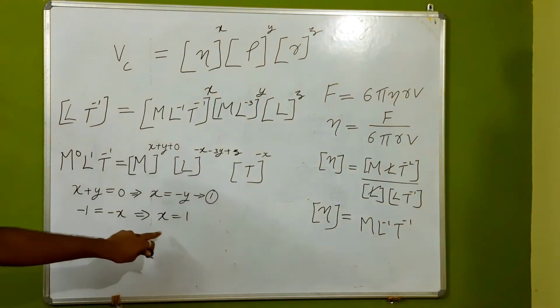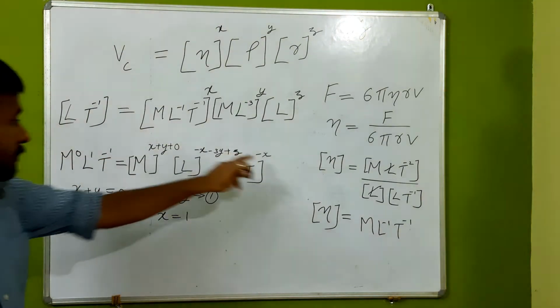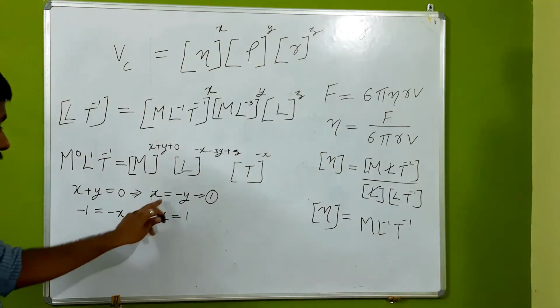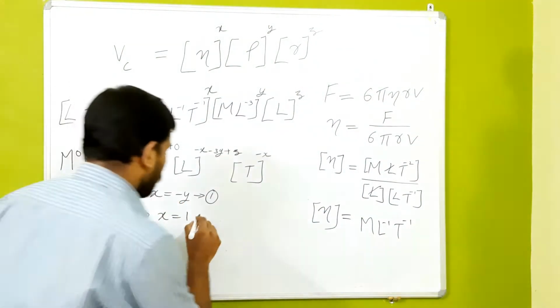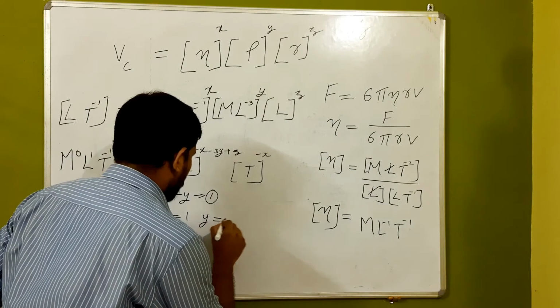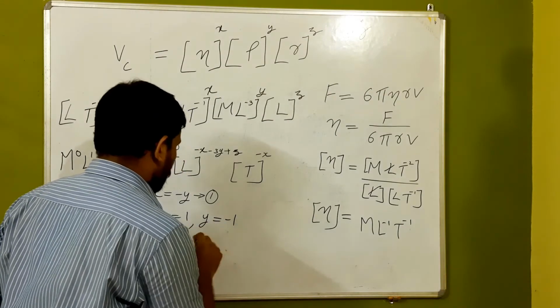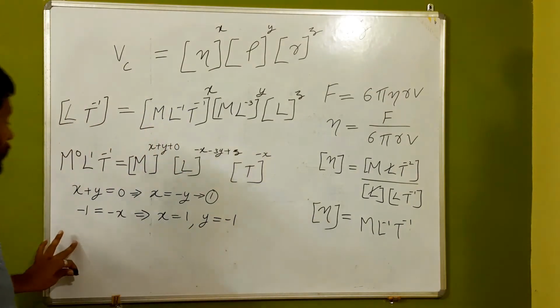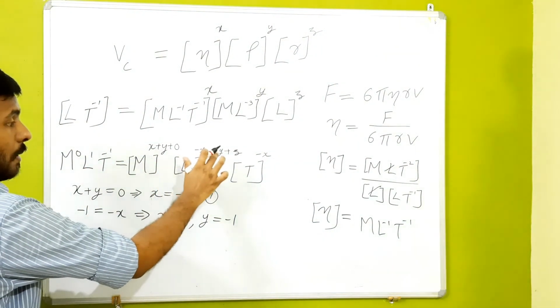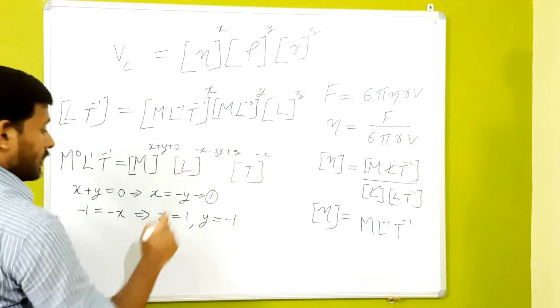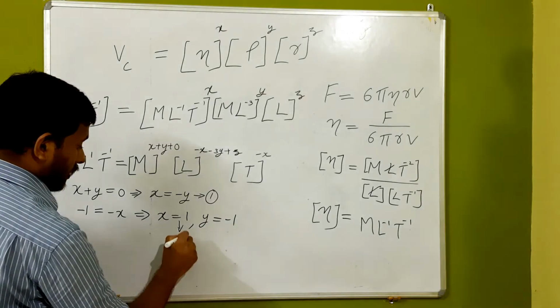X is equal to 1 means y is equal to minus x, therefore y is equal to minus 1. And for the final one we have minus x minus 3y plus z. This is the second equation.